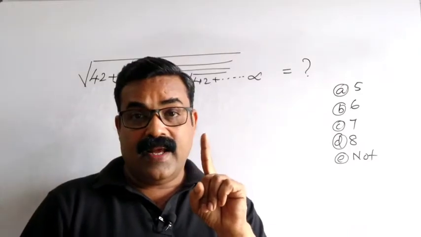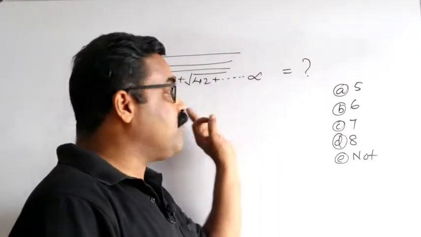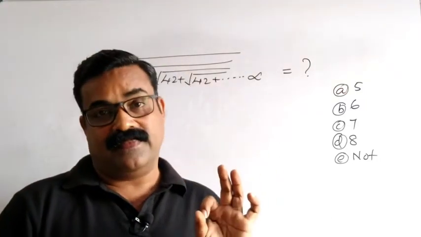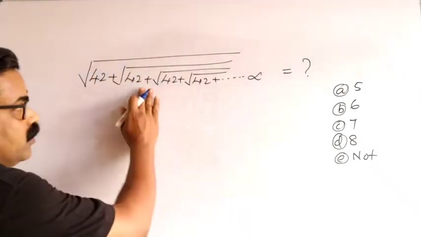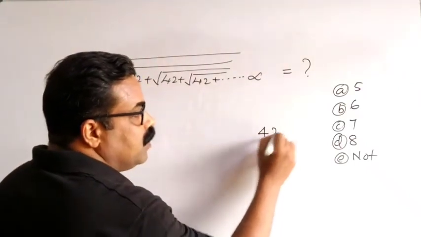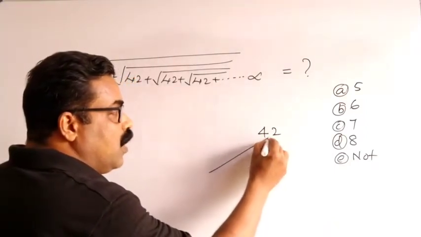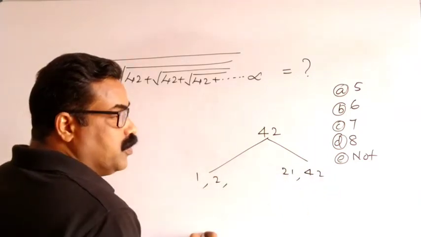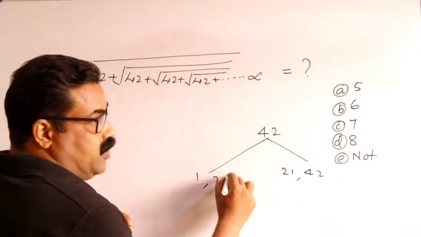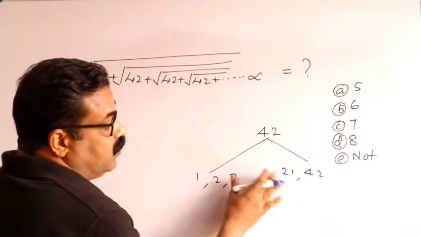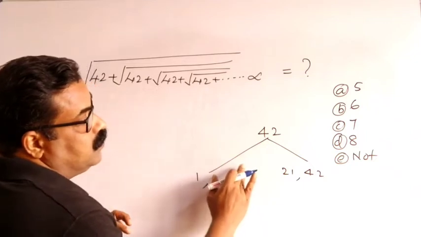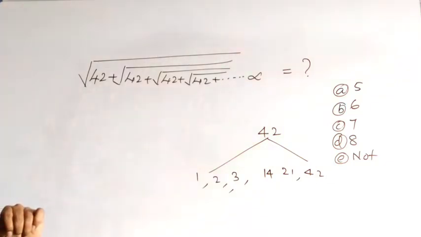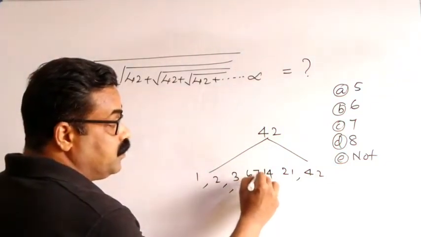Understand very clearly. The numbers given in this type of question are specially selected. Here, 42 is the given number. So the factors of 42 are 1 times 42, 2 times 21, 3 times 14, or you can say 6 times 7 is 42.